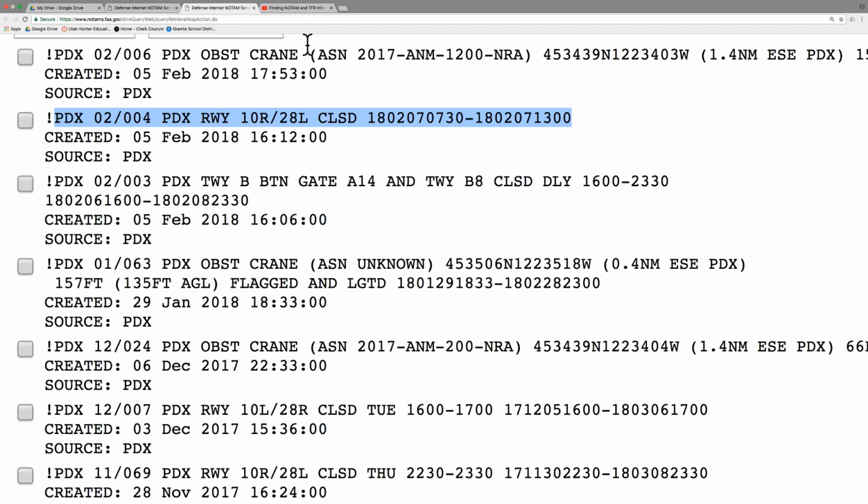You can do a quick Google search for NOTAM abbreviations, and it'll pull up a good chunk of the abbreviations you'll see in a NOTAM. Then put that side by side with your NOTAM page and just start decoding NOTAMs.